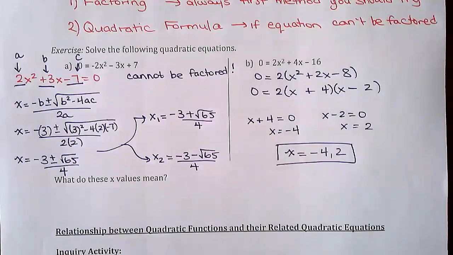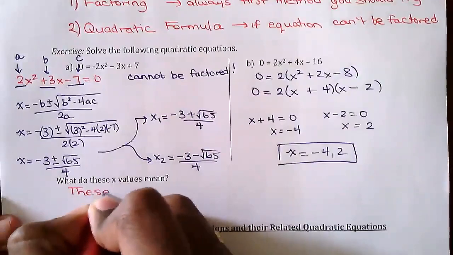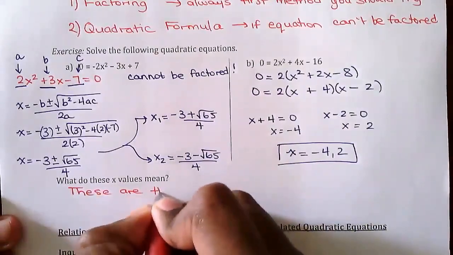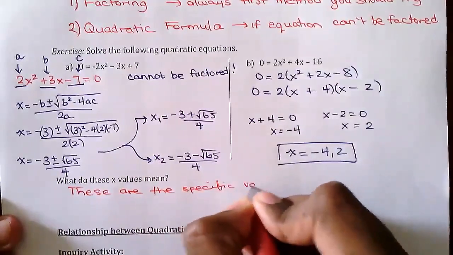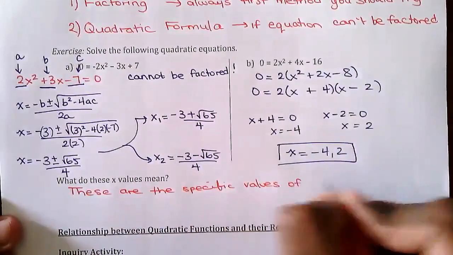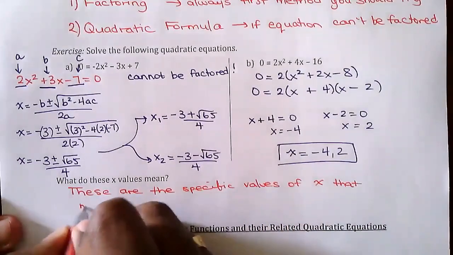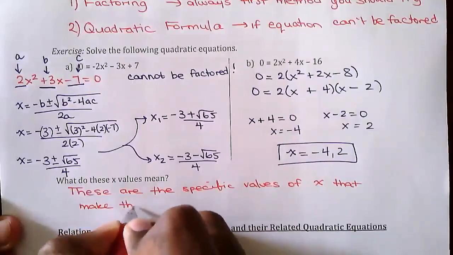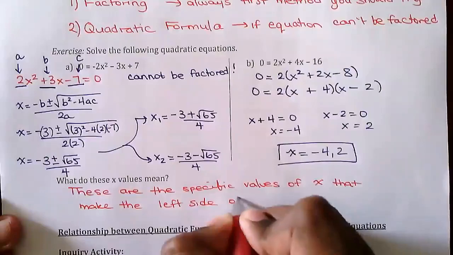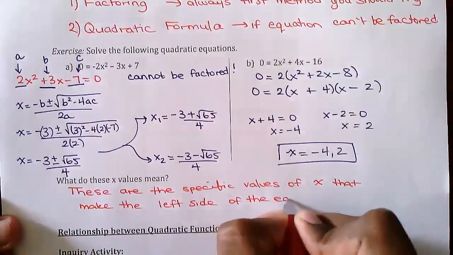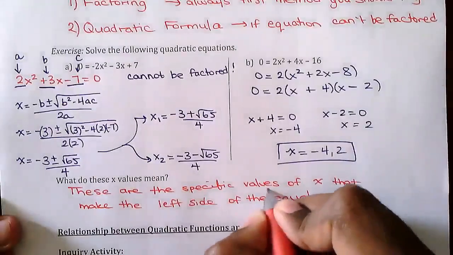So what do these x values actually represent? Well, these are the specific values of x that make the left side of the equation equal the right side.